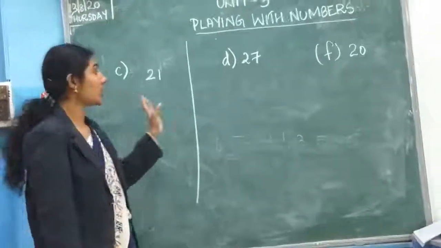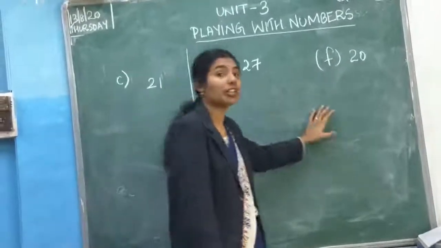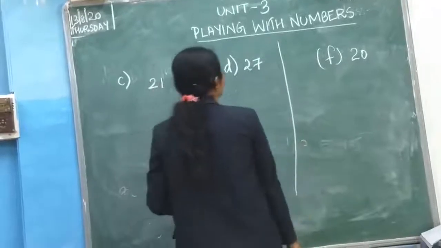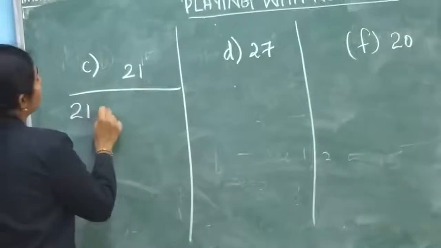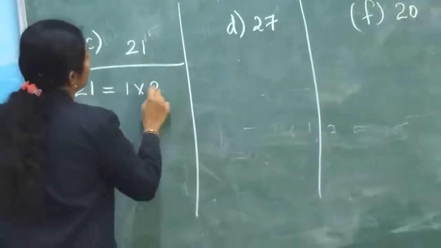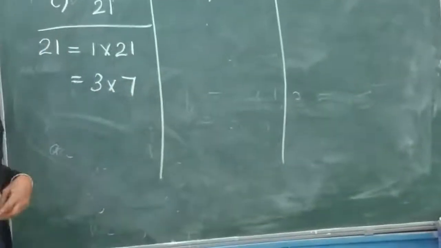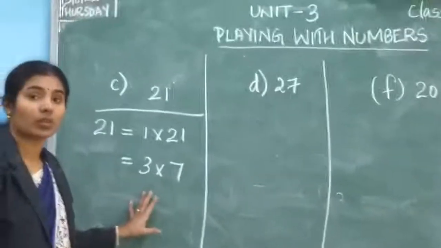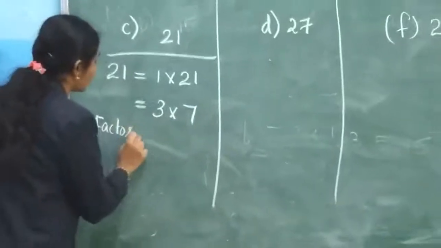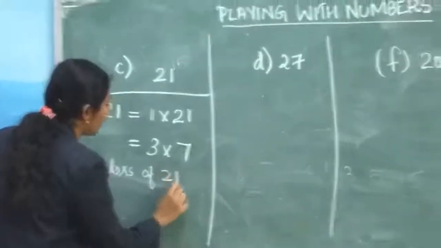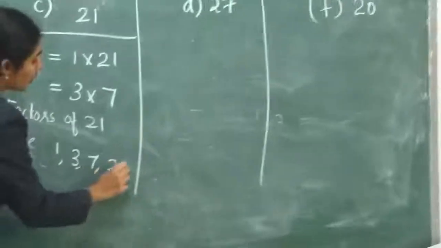Next, the given numbers are 21, 27, 20. For these three numbers also you should write the factors. First we will start with 21. 21 can be written as 1 multiplied by 21 and 3 multiplied by 7. Only this much is there. So the factors of 21 are 1, 3, 7, 21.